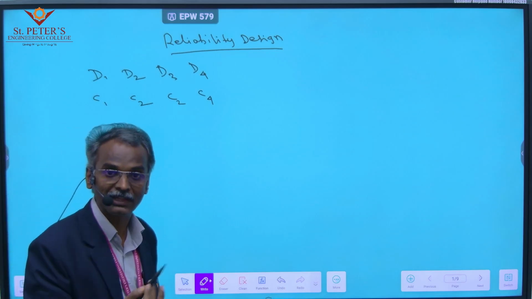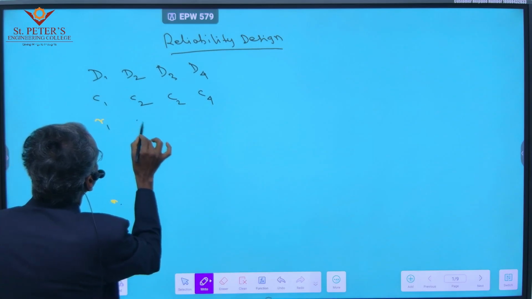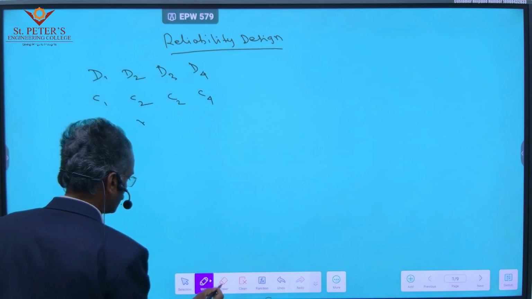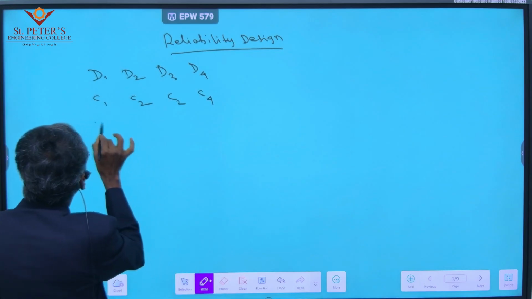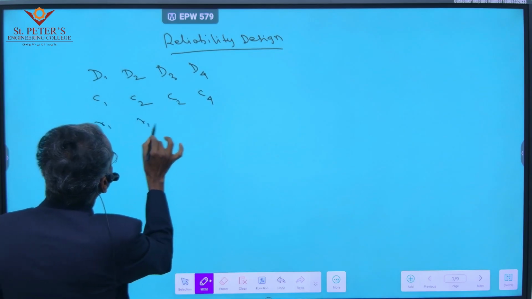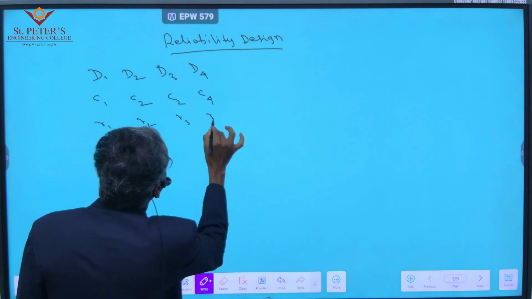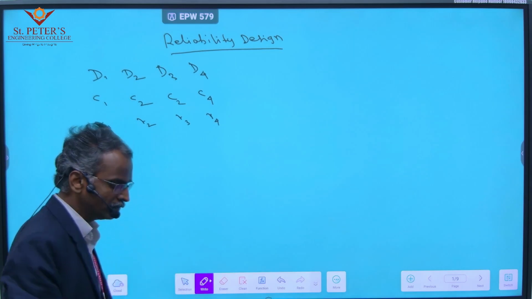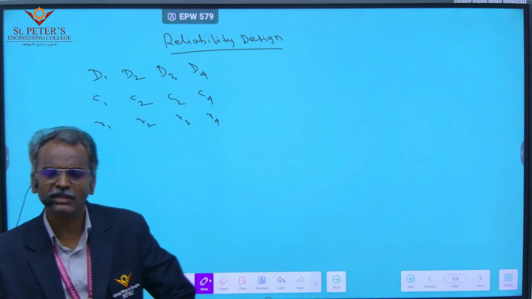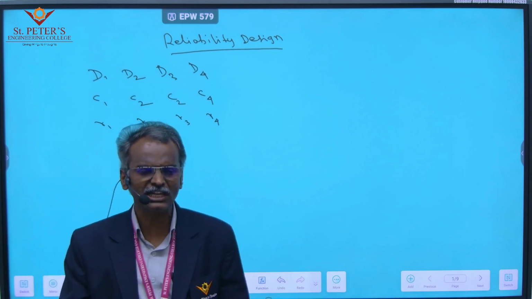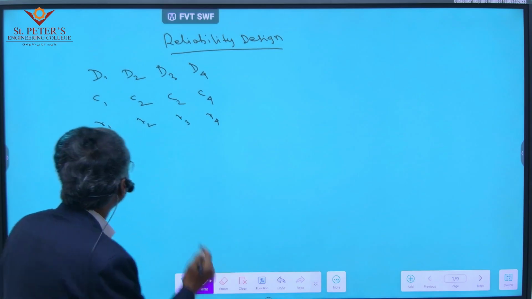So the reliability ratio. Let us say, for example, the average reliability ratio of all the devices in our system is 0.9.